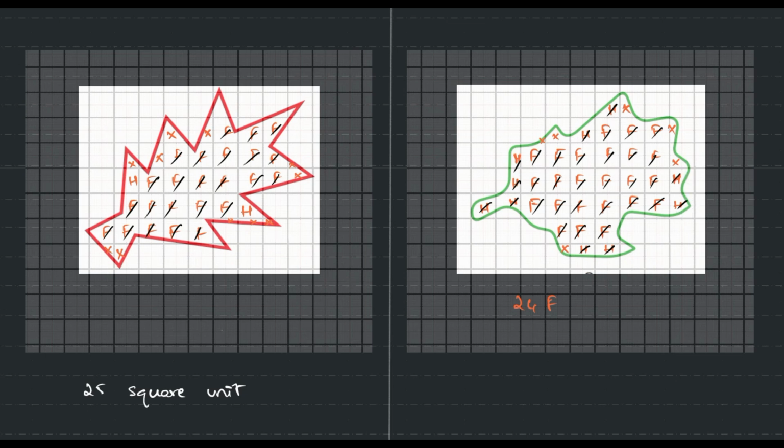There are 10 half. 10 half is nothing but 5 full. So basically you have 24 plus 5, that is 29 square. Since I don't know if it's centimeter or meter, I'll just write it as square unit. Okay guys, this is the entire procedure.